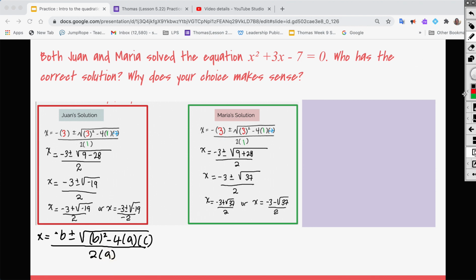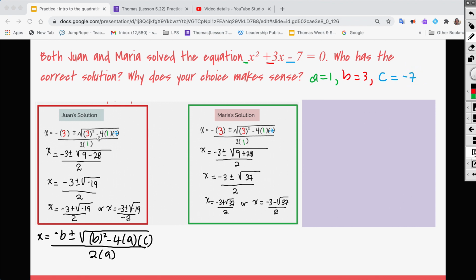And then let's look at the values. That's an imaginary 1 there, so a is equal to 1, our b term is a positive 3, and our c term happens to be a negative 7.